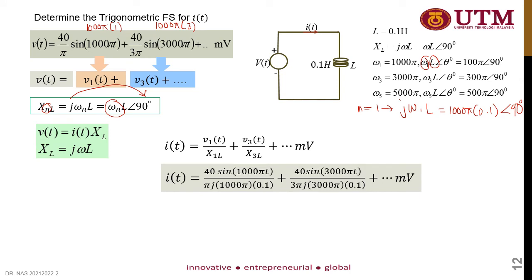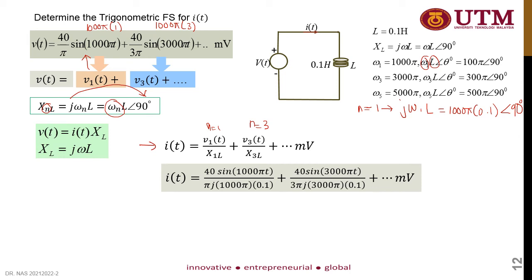Okay, so to calculate IT, it is equivalent to V divided by XL. In this case, assume you need to consider up to the third harmonic. So consider n equal to 1 and n equal to 3. Okay, so what is your V? This is your first component, V1, divided by XL1.